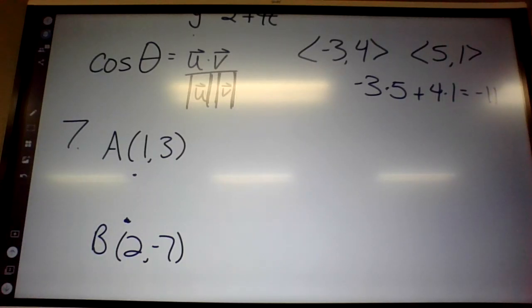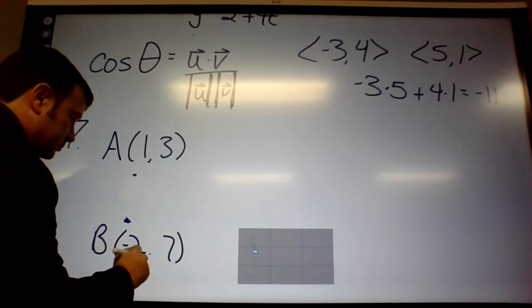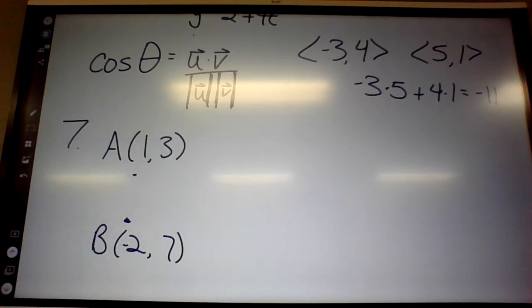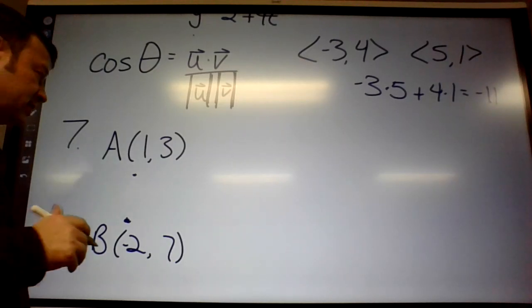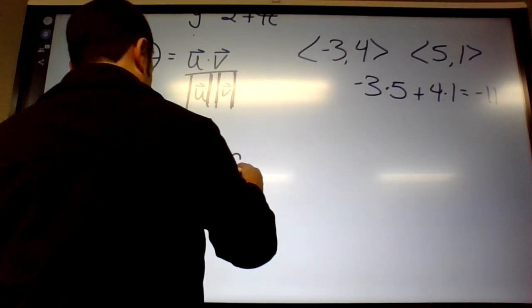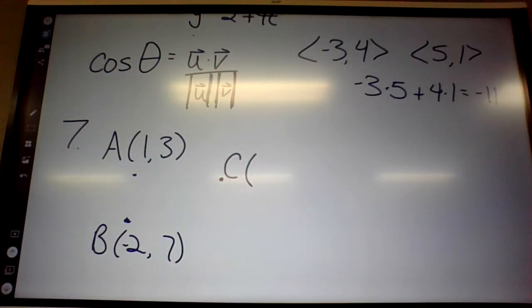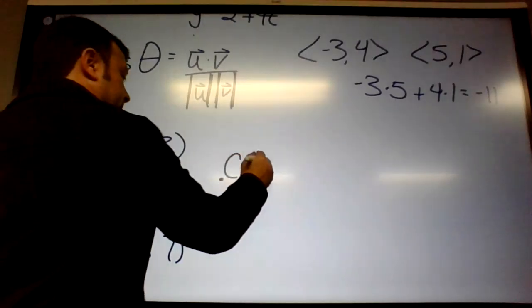B is -2, 7. I got that backwards. Okay, and then C is 0, -6. Find the measure of angle A. Forgot already. 0, -6. Okay.